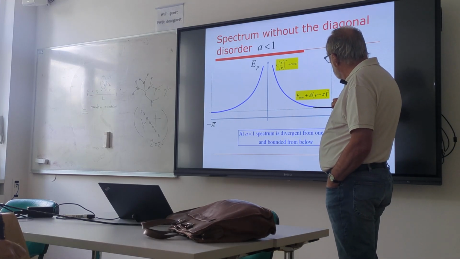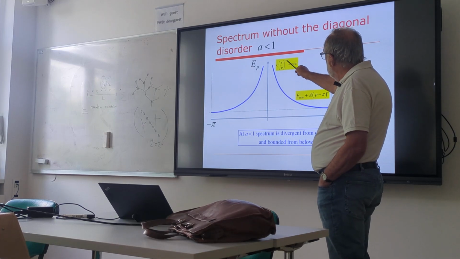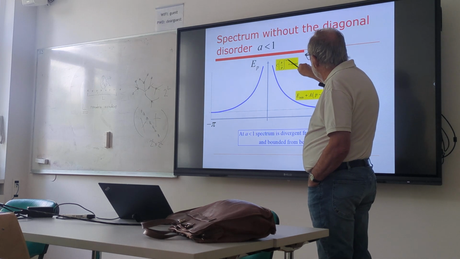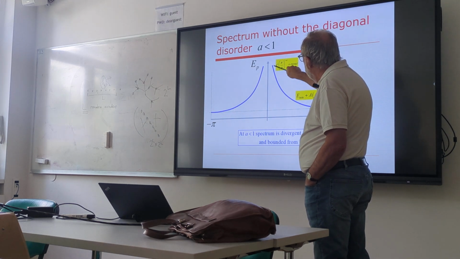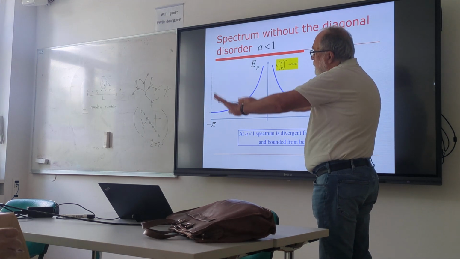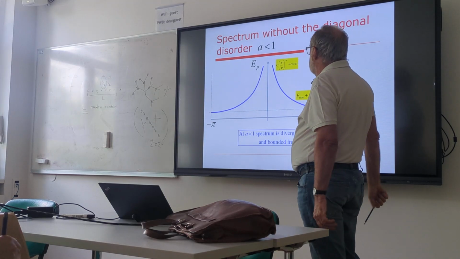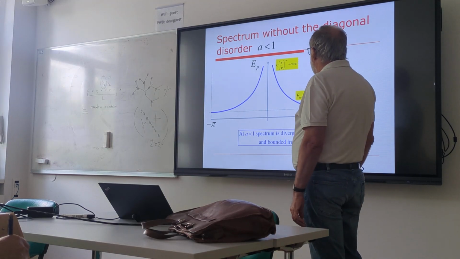So the spectrum has some lower bound, and it has a divergence when a is smaller than 1. So the spectrum is dragged towards big values.